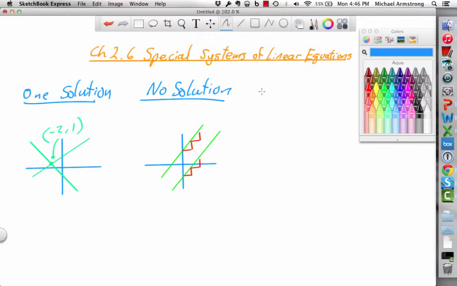The third option is infinitely many solutions. This happens when you have a line that ends up looking exactly like another line. You have two lines.